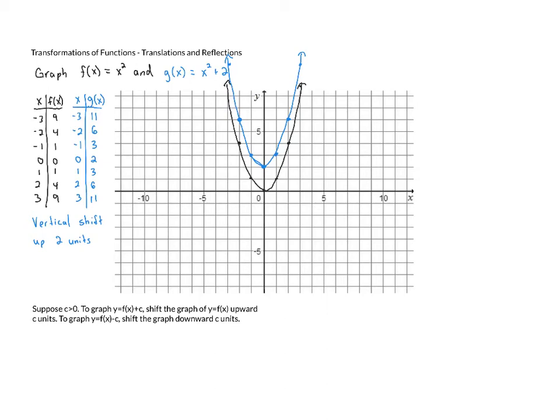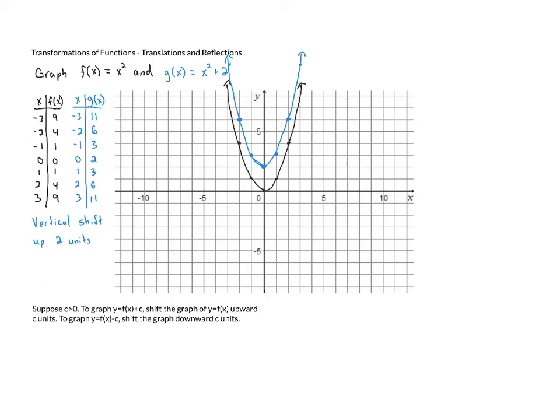Suppose c is greater than 0. To graph y equals f of x plus c, shift the graph of y equals f of x upward c units, which is exactly what we did here. We shifted up 2 units. To graph y equals f of x minus c, shift the graph downward c units.